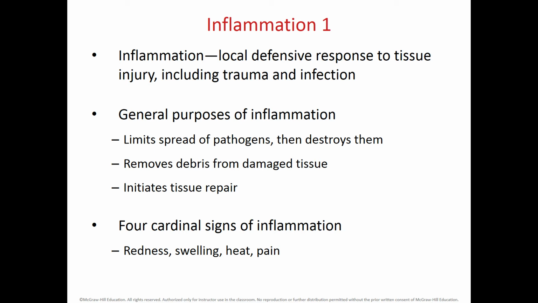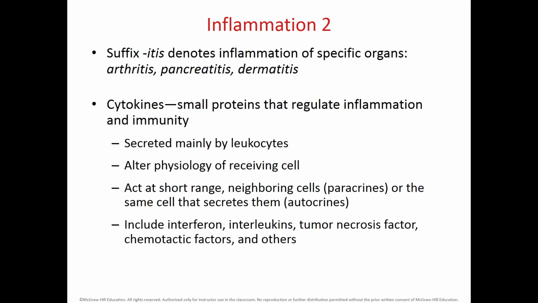An inflammatory response is characterized by 4 cardinal signs, which are redness, swelling, heat, and pain. Many processes in our body that are produced by inflammation will end in the suffix itis.